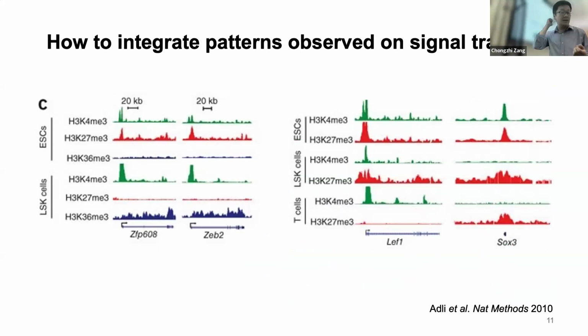If we want to see whether some epigenomic markers like histone modifications or transcription factor binding occur in the transcription start region or promoter region, we want to look at tens of thousands of gene promoters together. Simply by using a genome browser, it's probably very difficult. You need to look at one gene at a time, and you cannot put 20,000 snapshots of the genome browser together at the same time.